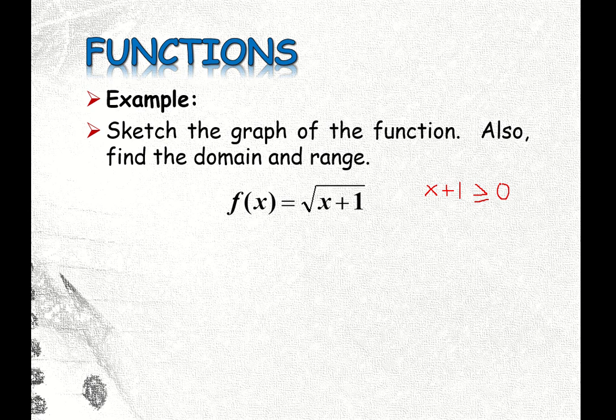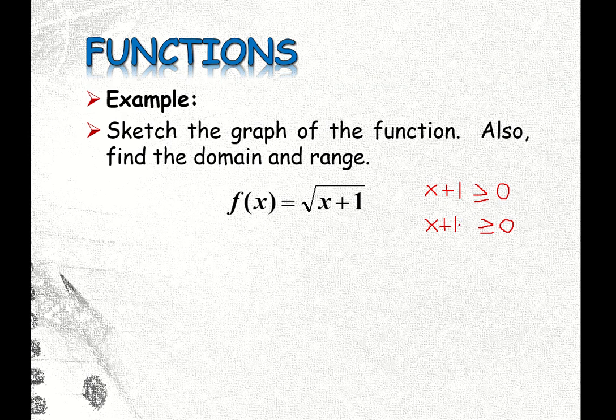To solve for x, we have x plus 1 greater than or equal to 0. Take note that the rule in inequality is that when you add or subtract, it won't change the direction of the inequality.